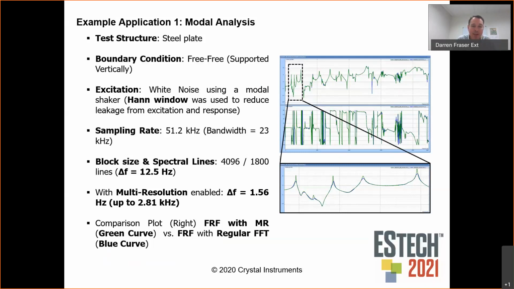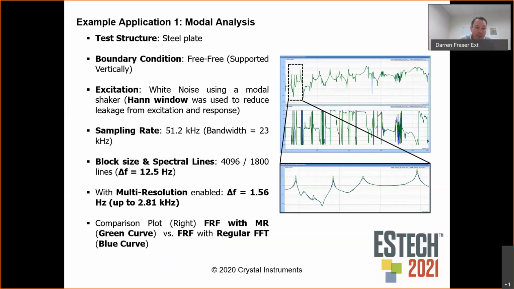The reason I'm zooming in on that section is because, again, that's the lower half of this FRF that will depict the comparison between our multi-resolution spectrum and our regular FFT.